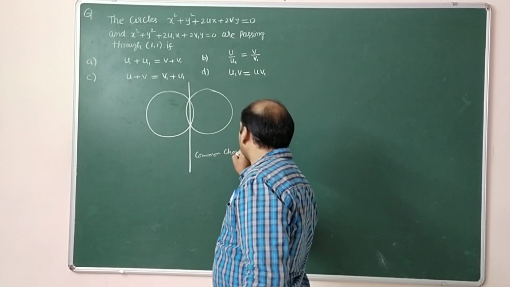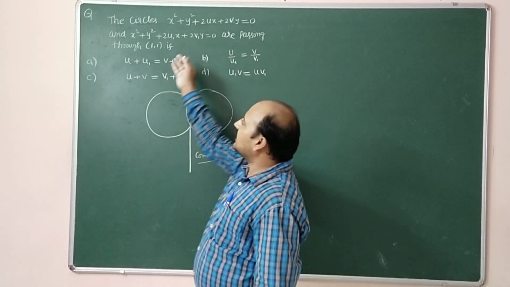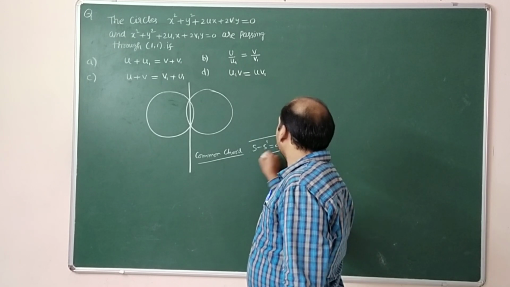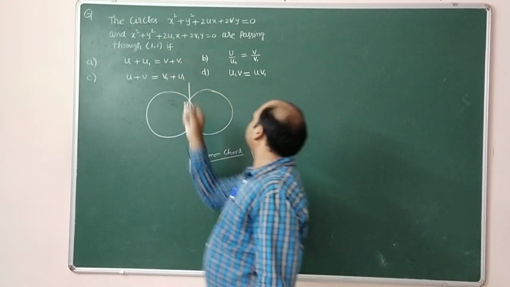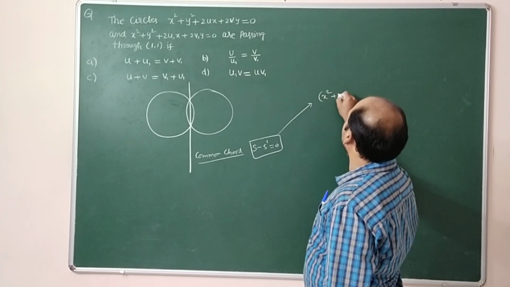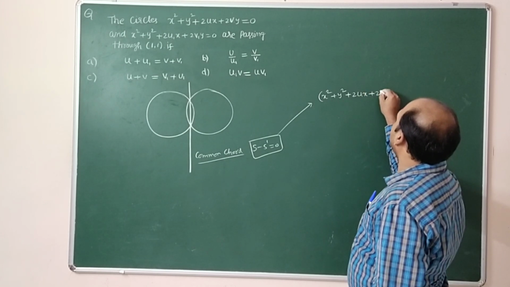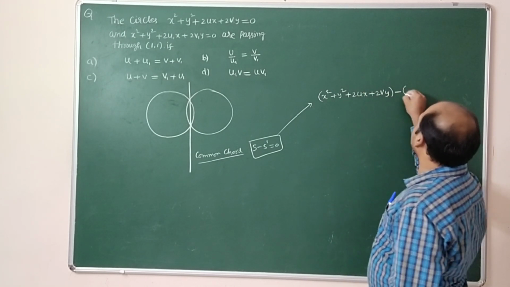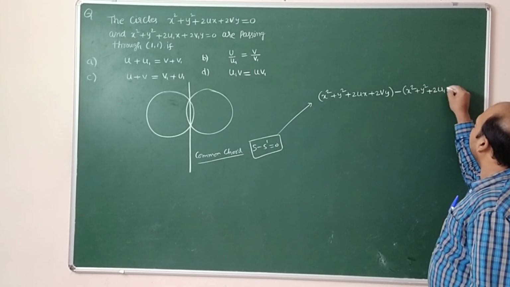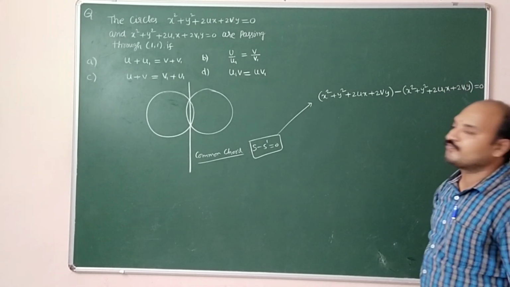What is the common chord of two circles? The difference of two circles is called the common chord: S − S' = 0. So this is S, this is S'. So the common chord: (x² + y² + 2ux + 2vy) − (x² + y² + 2u1x + 2v1y) = 0.